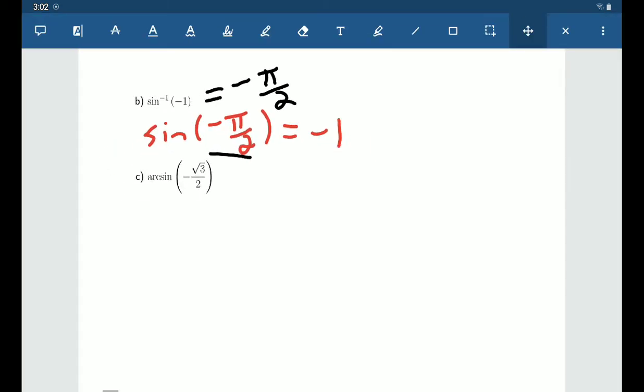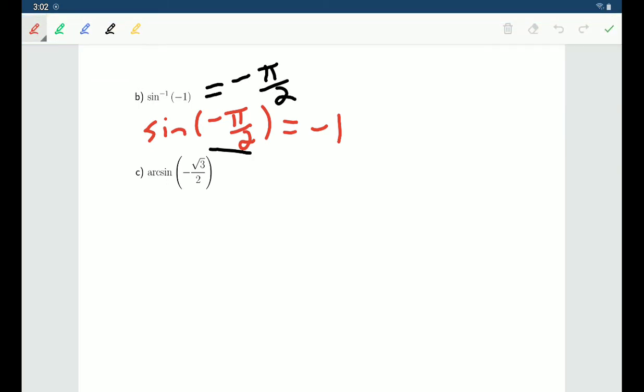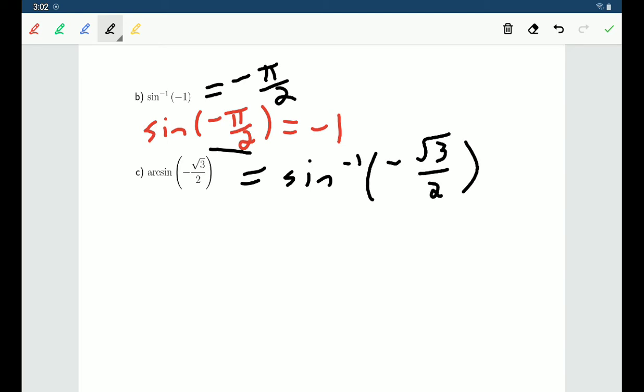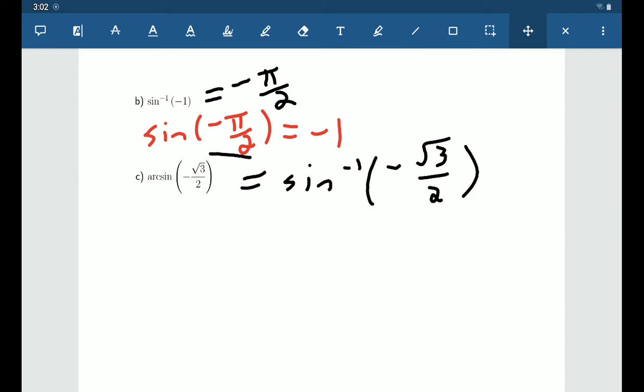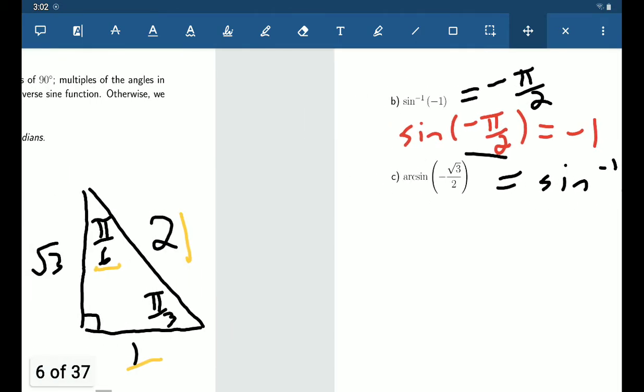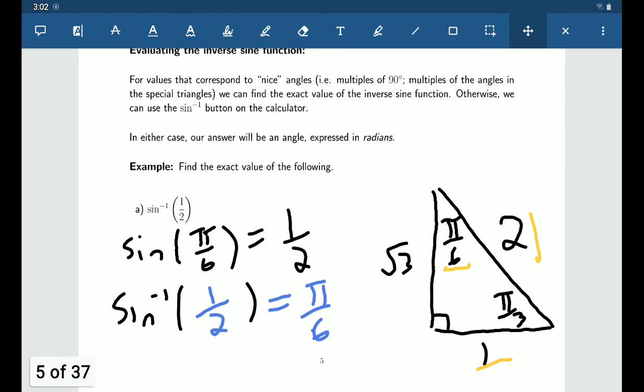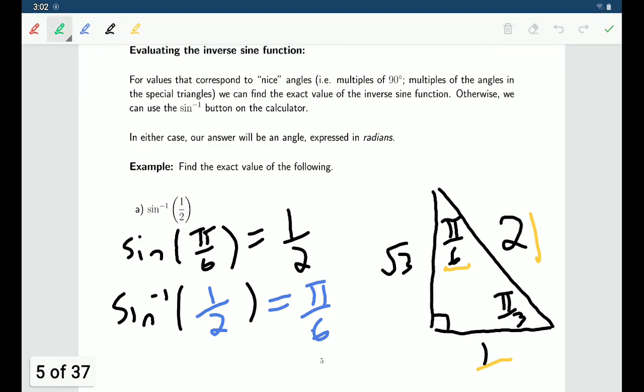All right, one more. Arcsine of -√3/2. Arcsine, of course, is the same thing as saying sine inverse of -√3/2. If we go back to our special triangle for just a minute, for 60 degrees, or π/3, sine of π/3 would be opposite over hypotenuse, which is √3/2.